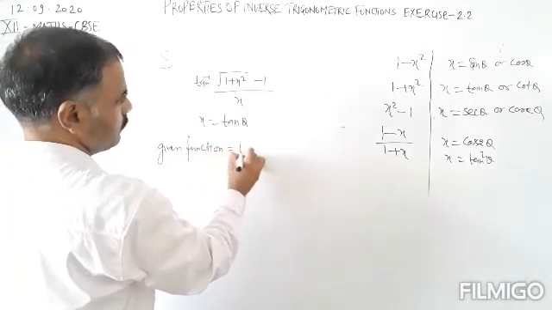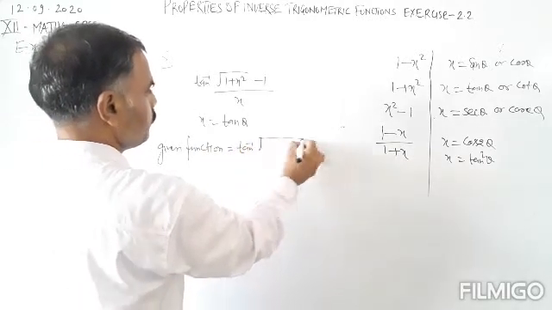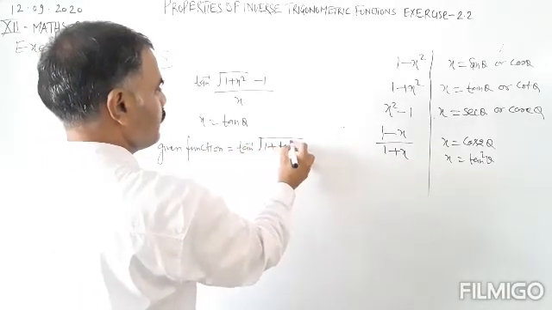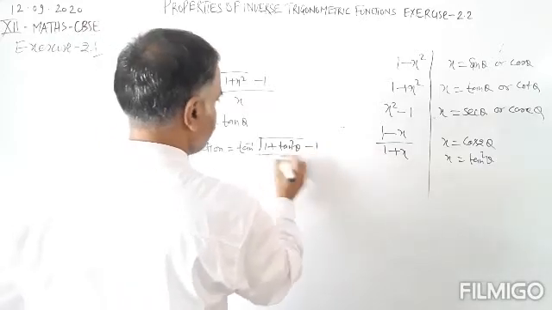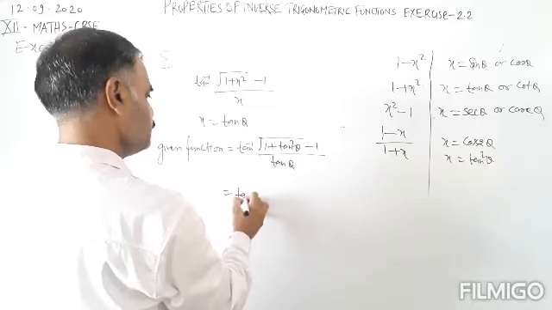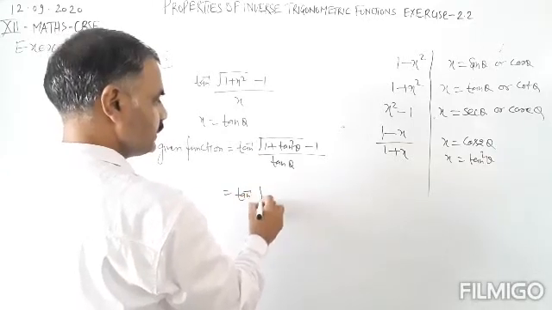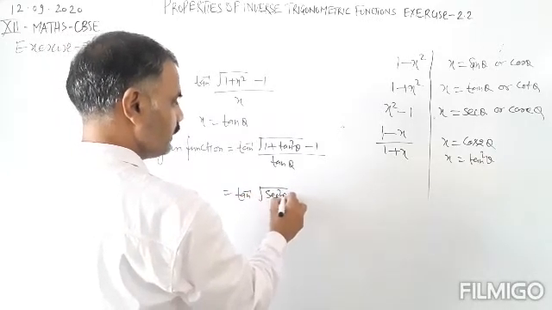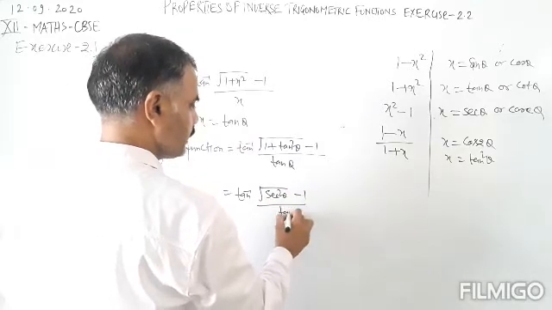Then the given function is equals to tan inverse of under root 1 plus tan square theta minus 1 upon x, that is tan theta. This is equals to tan inverse of 1 plus tan square theta, that is sec square theta, minus 1 upon tan theta.